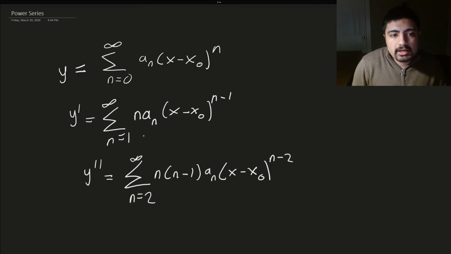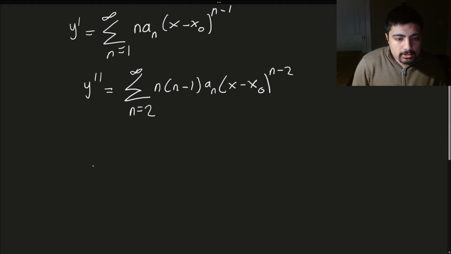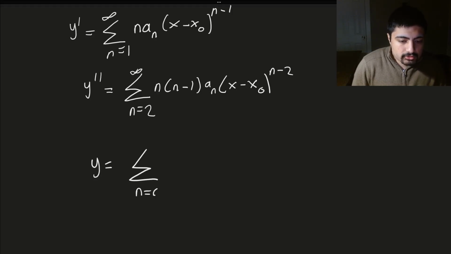So now let's see what the power series centered around x equals 0 looks like. For power series centered around x0, our notation will be the same: sigma n equals 0 to infinity, a sub n, x to the n power.